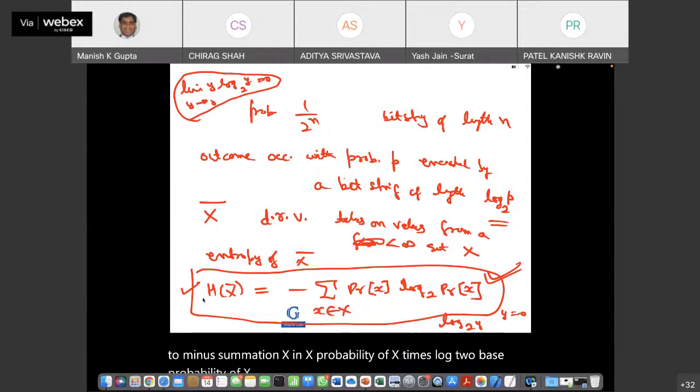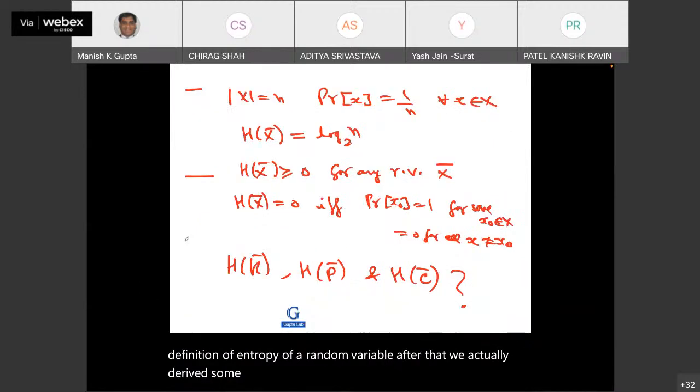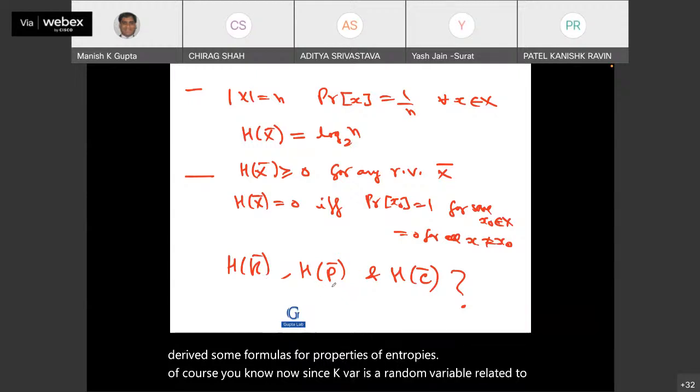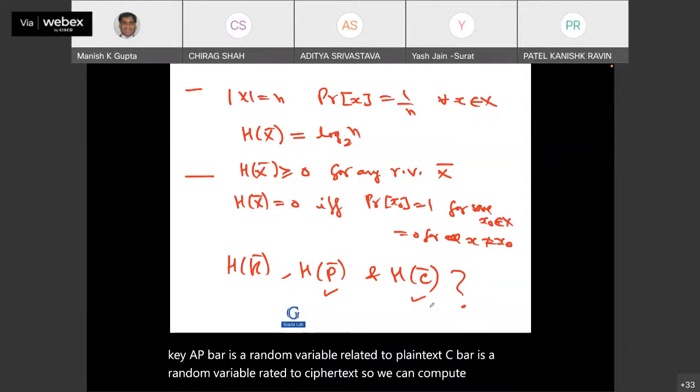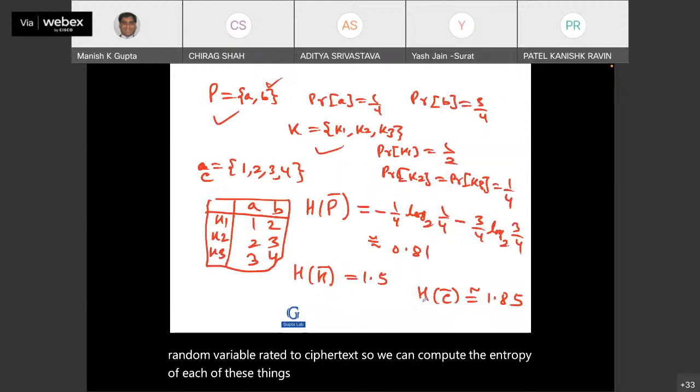This is the definition of entropy of a random variable. After that, we derived some formulas for properties of entropies. Now K bar is a random variable related to key, P bar is a random variable related to plaintext, C bar is a random variable related to ciphertext. So we can compute the entropy of each of these things, right? This is pretty common, and I have given you an example for that.